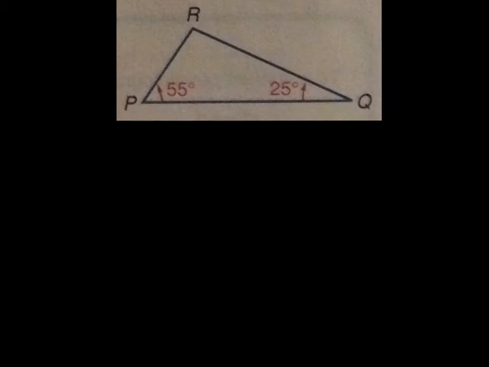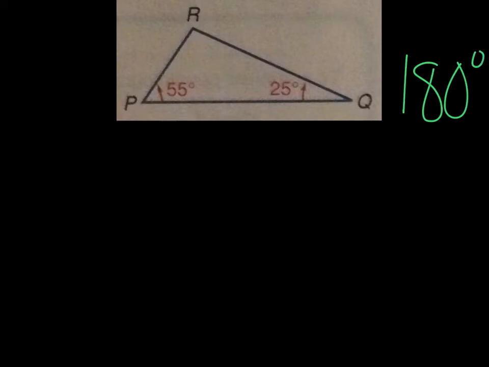Here we're given a triangle PRQ. We know that P is 55 degrees, Q is 25, and we're wondering what R would be. If we add up all three angles of a triangle, what do they equal? That's right, 180 degrees.